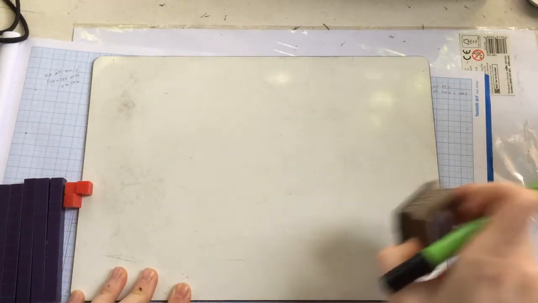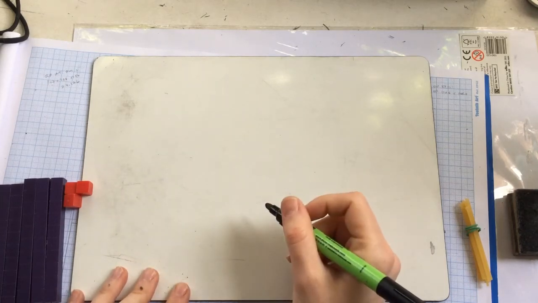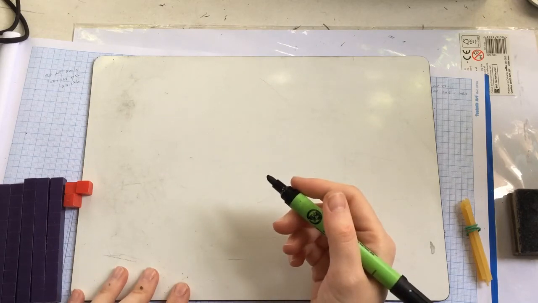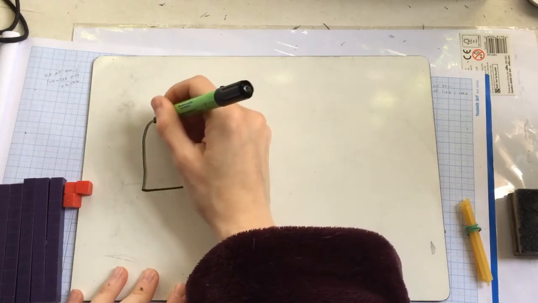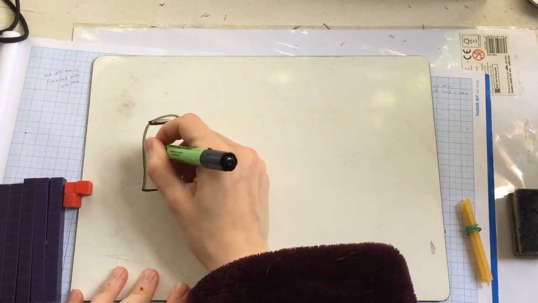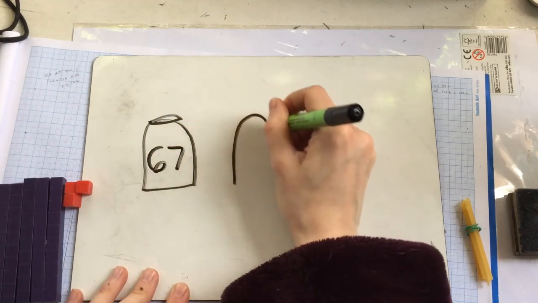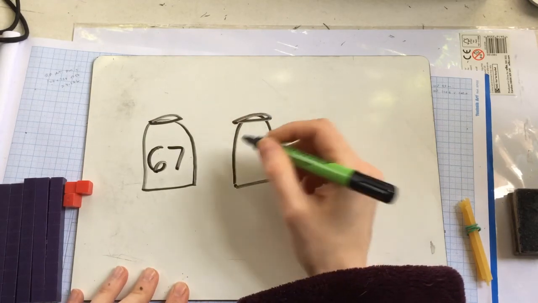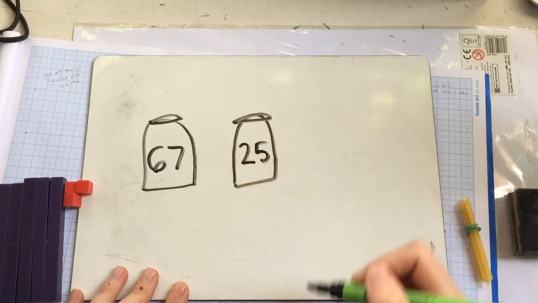Something else that might be really useful for your children is, instead of just writing equations for them to solve, you might want to give them a word problem. So you might say to them, Pippa has a jar of 67 marbles, and Ahmed has a jar of 25 marbles.